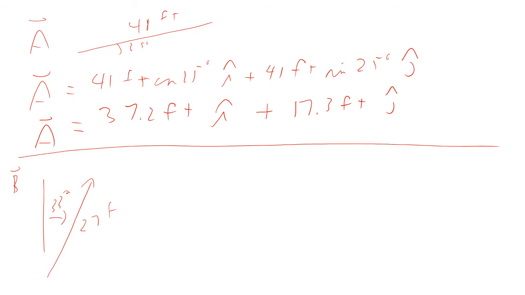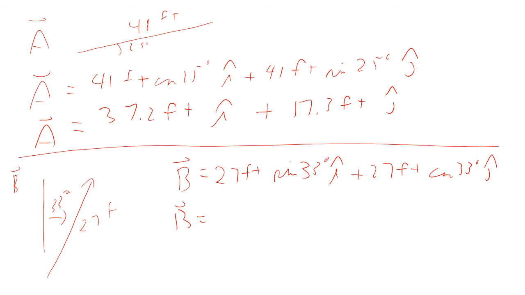So if I look at that, then vector B is going to be 27 feet sine 33 degrees I plus 27 feet cosine 33 degrees J. And so this is going to be equal to 14.7 feet I plus 22.6 feet J.